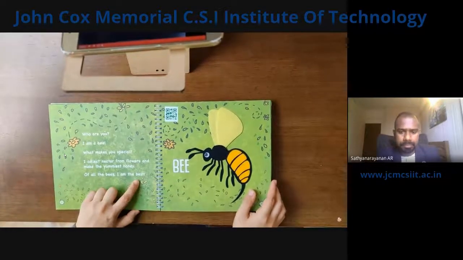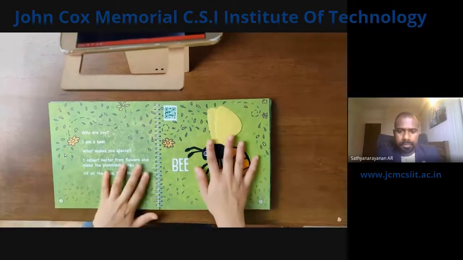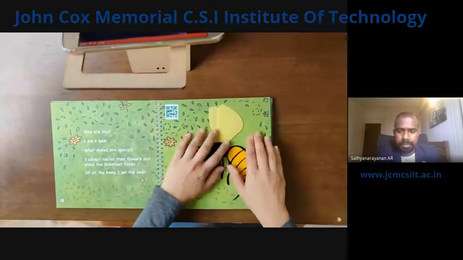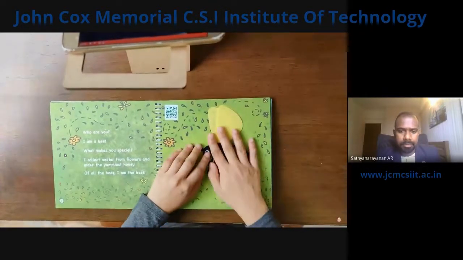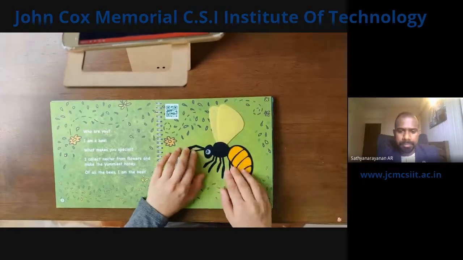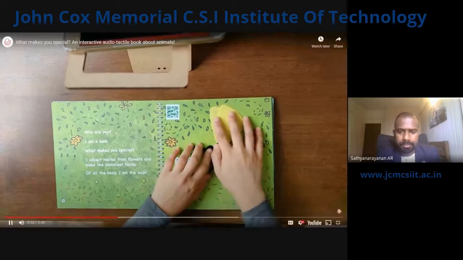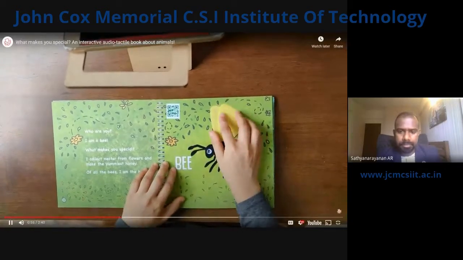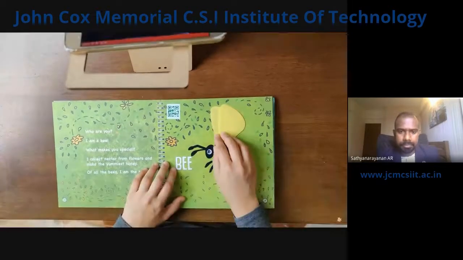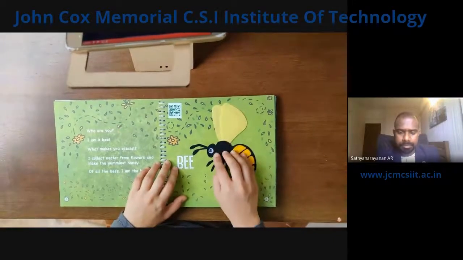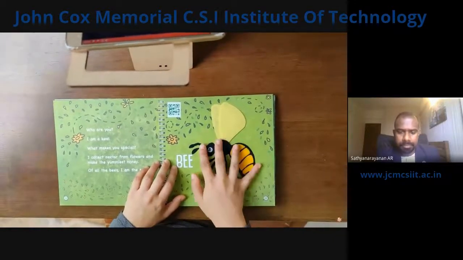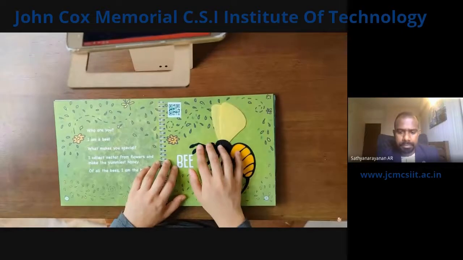Of all the bees, I am the best. The bee is a flying insect with 6 legs and 4 wings. There is one on this page, as seen from its left side. On top of the page, you'll find that only 2 wings are shown in this picture. The wings and legs are attached to the body of the bee, which has 3 parts. On the left, in this picture, is the bee's head.